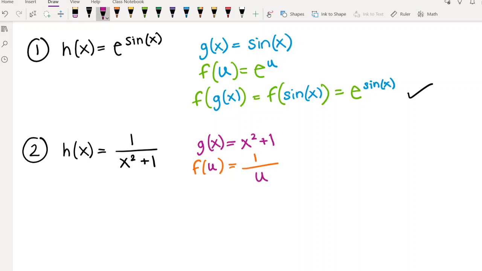Because then when we take the inside function and plug it into the outside function, we'll end up with 1 over our original inside function, which is what we want. So let's check that out. So f of g of x is supposed to be f of x squared plus 1.